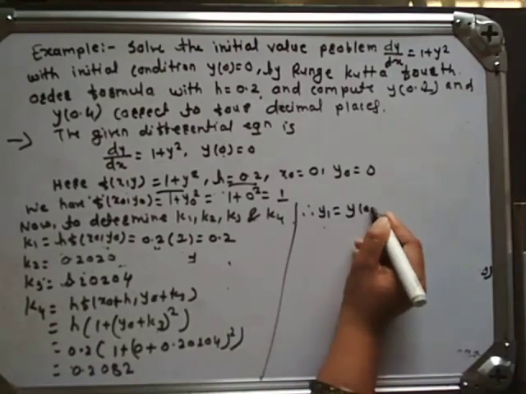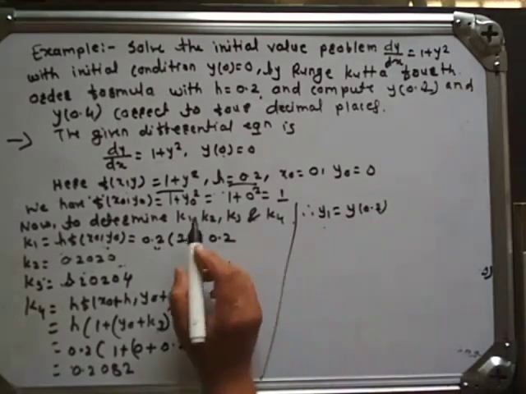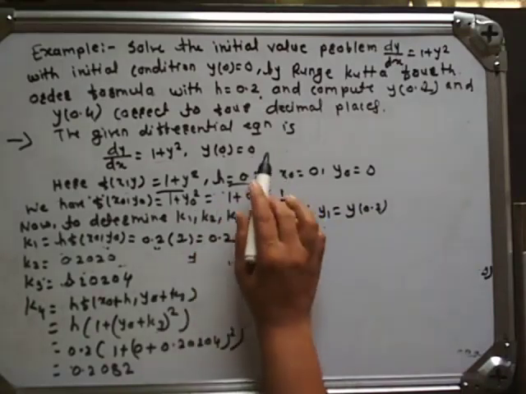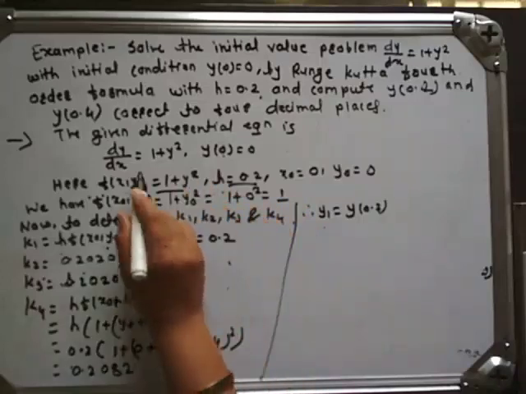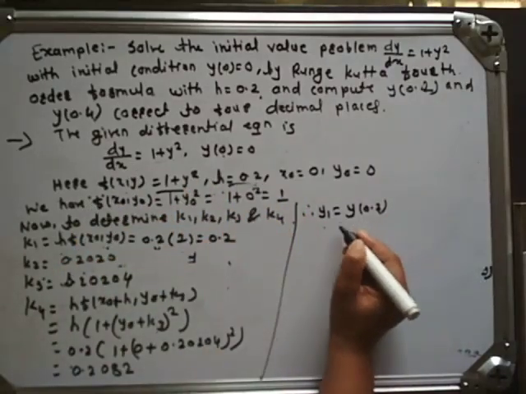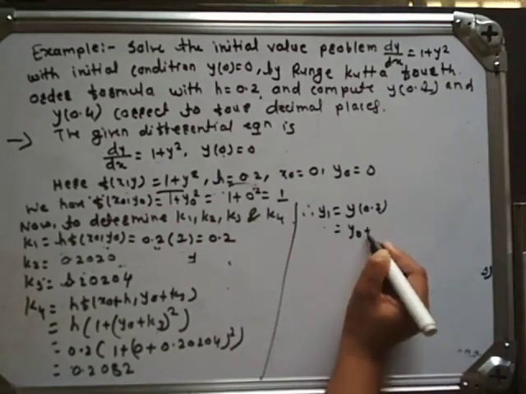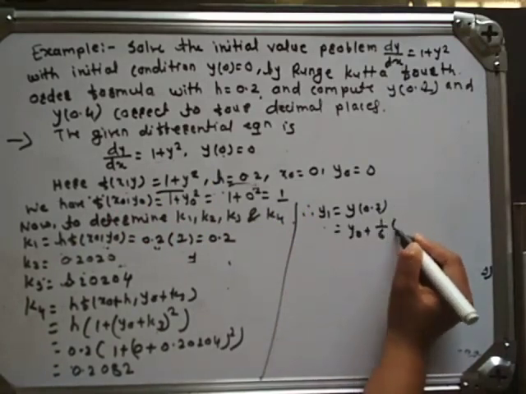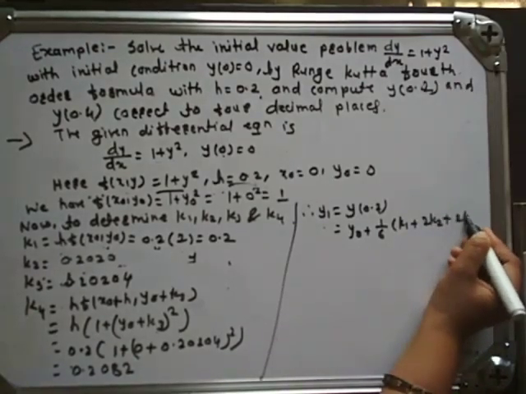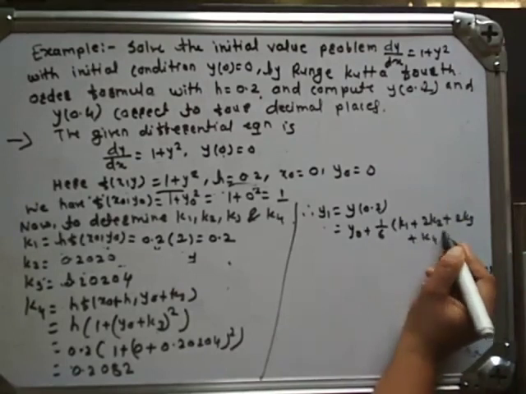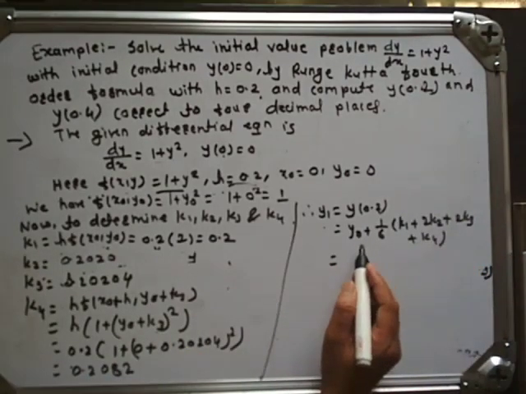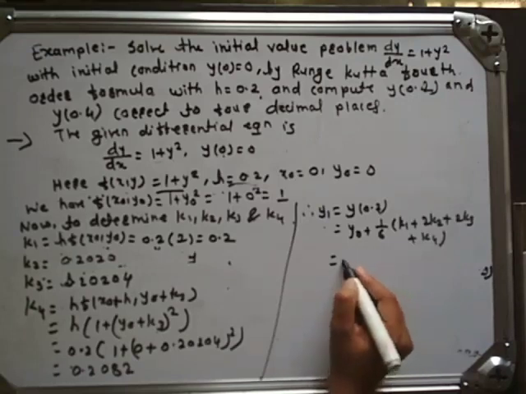Now put all these values in the formula. Y1 is nothing but y of 0.2, because here x lies between 0 to 0.2, because the interval of differencing is 0.2. This is equal to y0 plus 1 by 6 into k1 plus 2 into k2 plus 2 into k3 plus k4. Y0 is 0, so no need to write it.